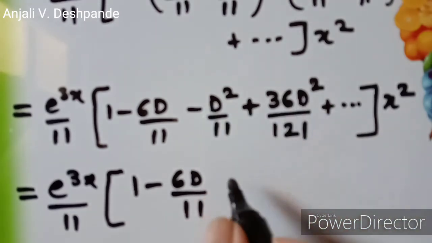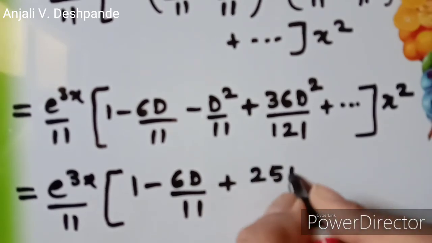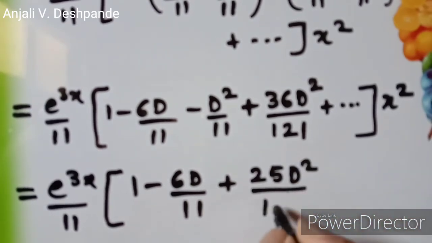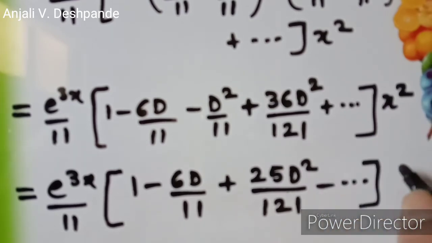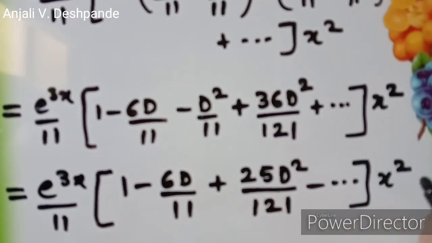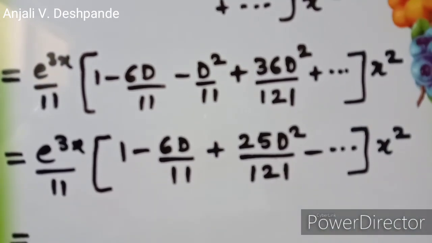So minus 11 plus 36, we will have plus 25D square divided by 121, x square.